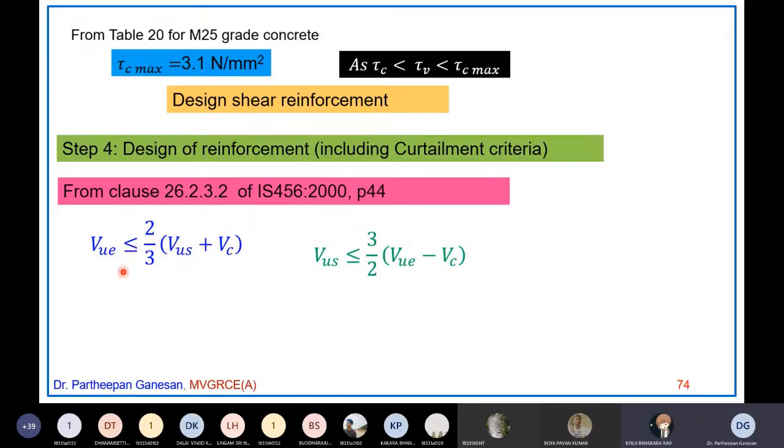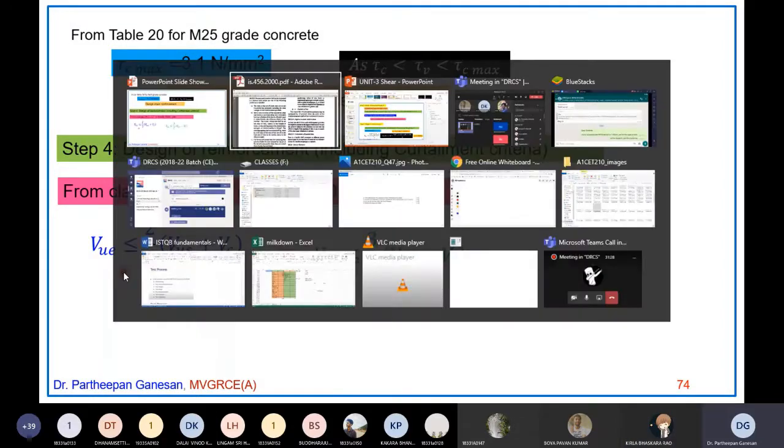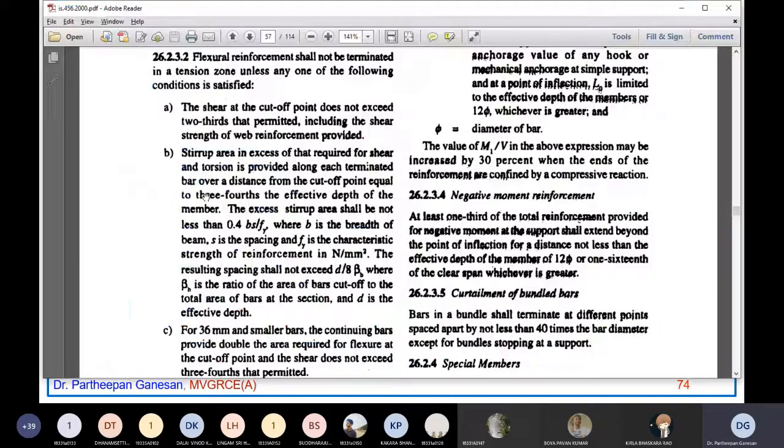Because your flexural tension reinforcement is already cut at 1.5 meter, the code says your flexural reinforcement can be cut only if any one of these three conditions, A, B, C, is satisfied.